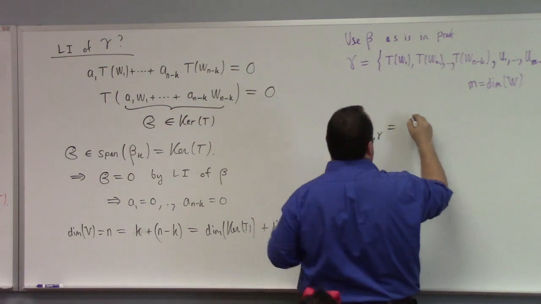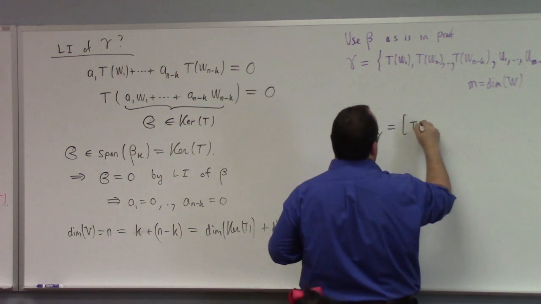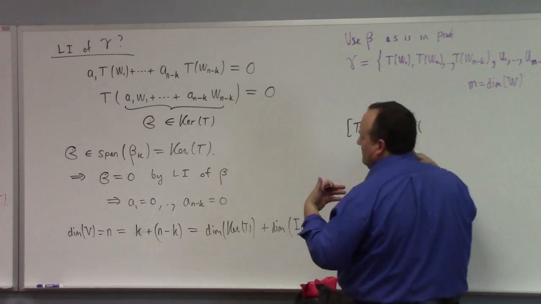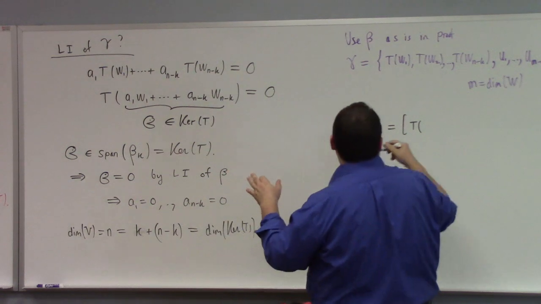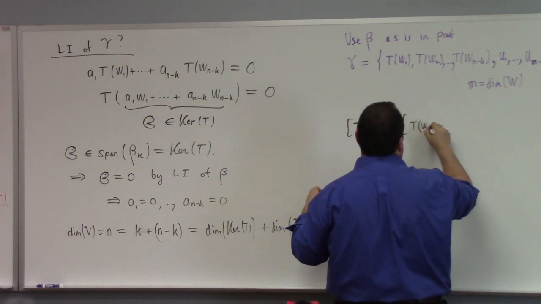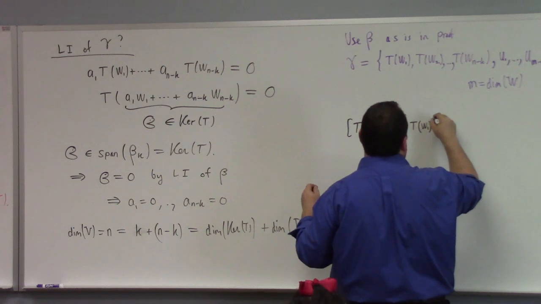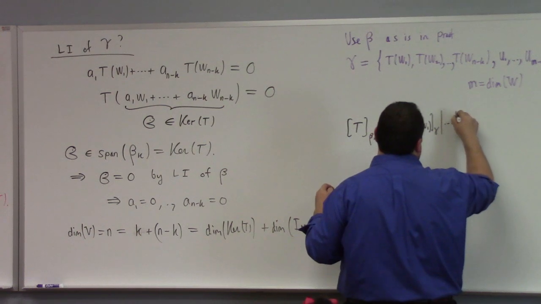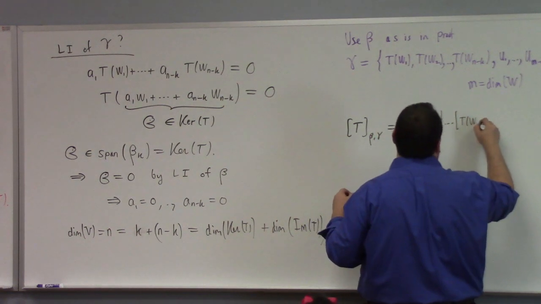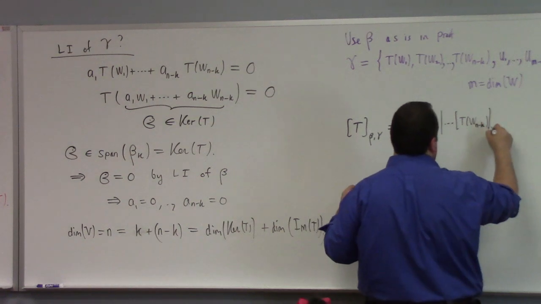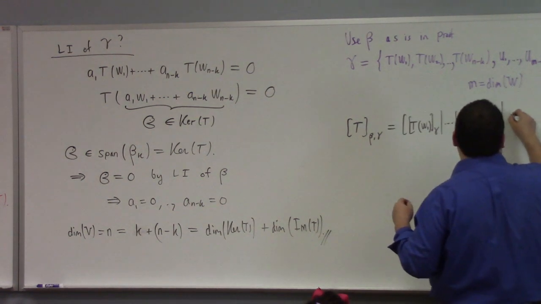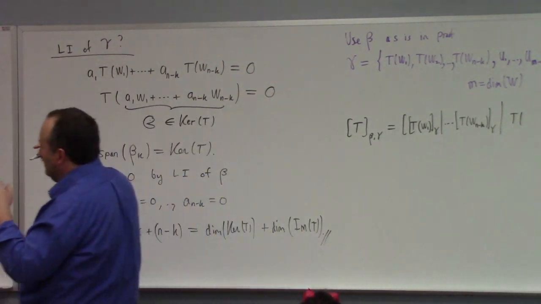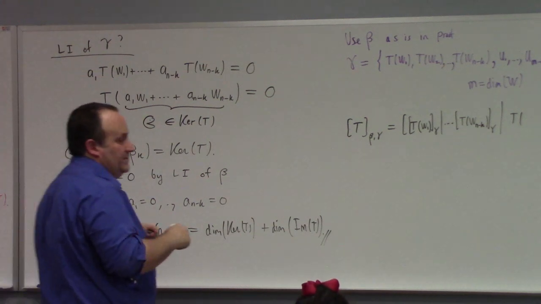So we've got T of W1, gamma coordinate of that, and then T of W n minus K, gamma coordinate of that, and then we've got T of, in my proof notation, V1 through VK, right?